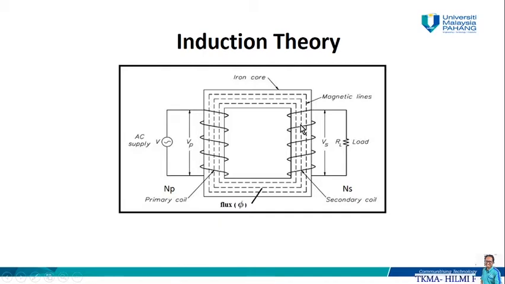Hence, the magnetic flux linked with the secondary coil is going to change, and these changes in the magnetic flux are going to induce the electromotive force in the secondary circuit.